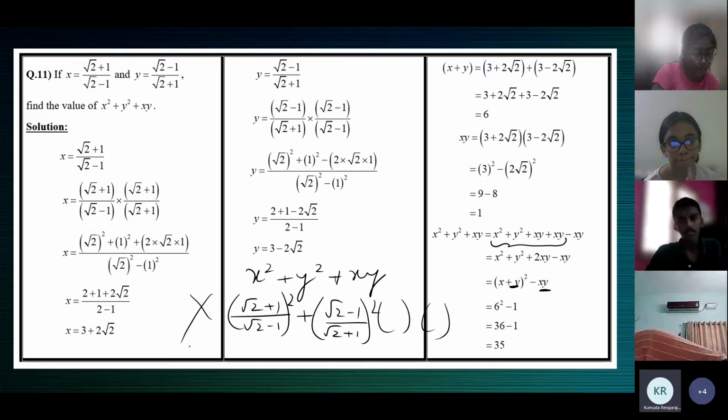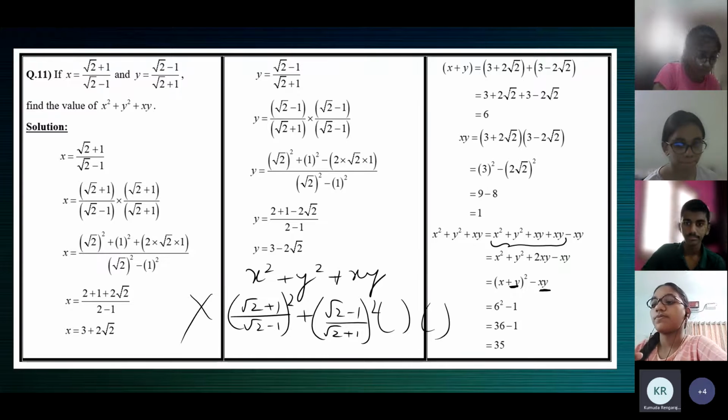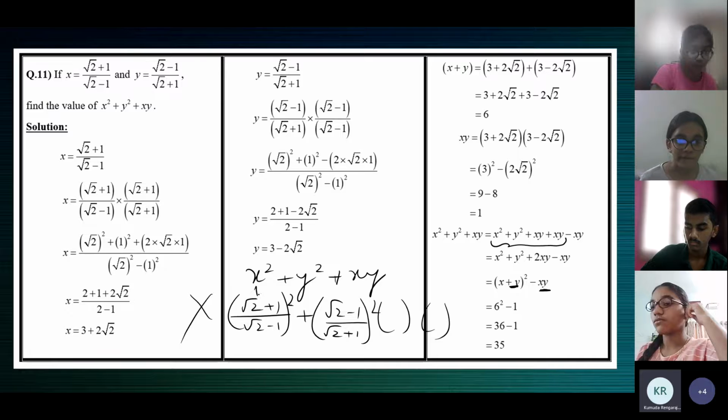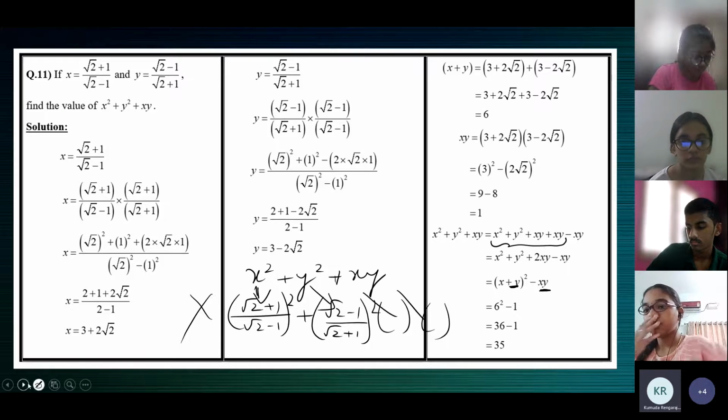You should not use this procedure. We always use expressions with rational denominator only. That is the accepted procedure. So you cannot substitute directly x is this, y is this, and calculate like this. It's not accepted.